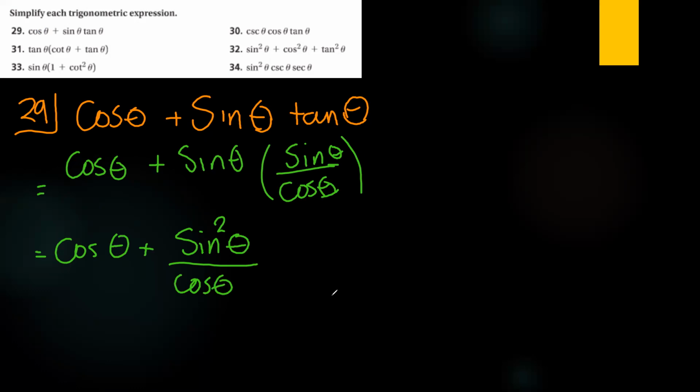Now here we have cosine plus sine squared over cosine.